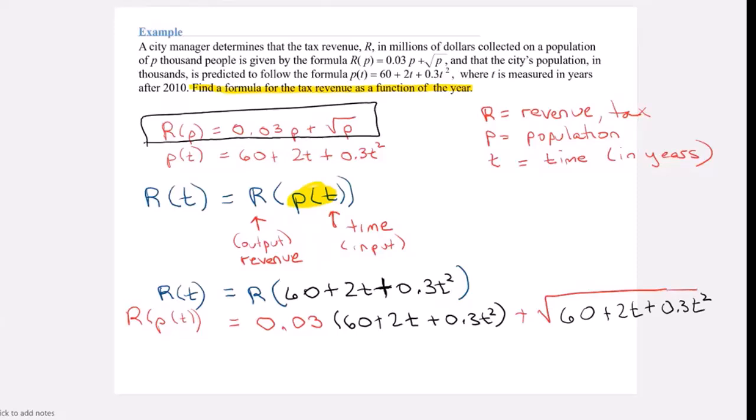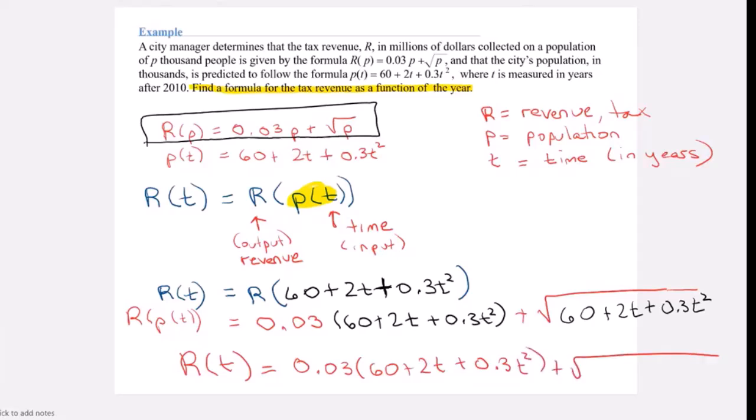And now don't I have revenue as a function of time? And it is equal to 0.03. I'm not going to multiply this all out. It's not necessary. Okay, and that would be my final answer.